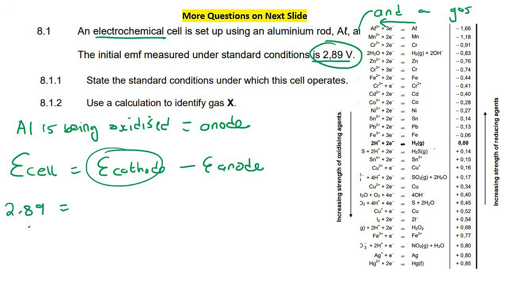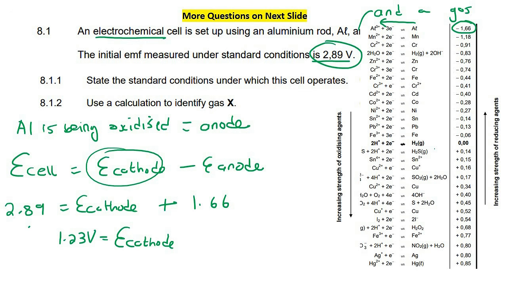I don't know the cathode, but I know my anode value is negative 1.66, so that becomes a plus 1.66. Now you solve for your cathode by taking the 1.66 over to the left, and we end up with 1.23 volts.